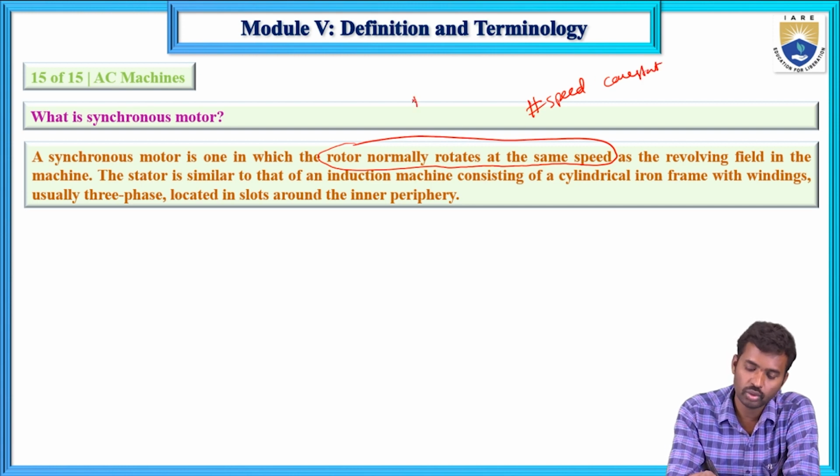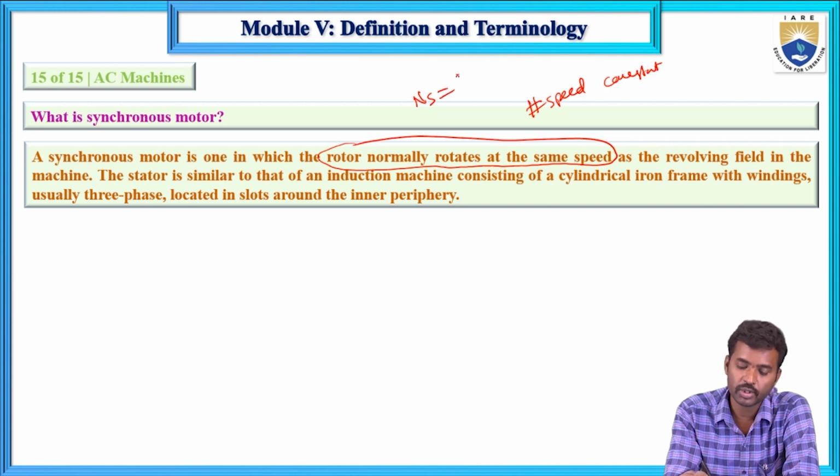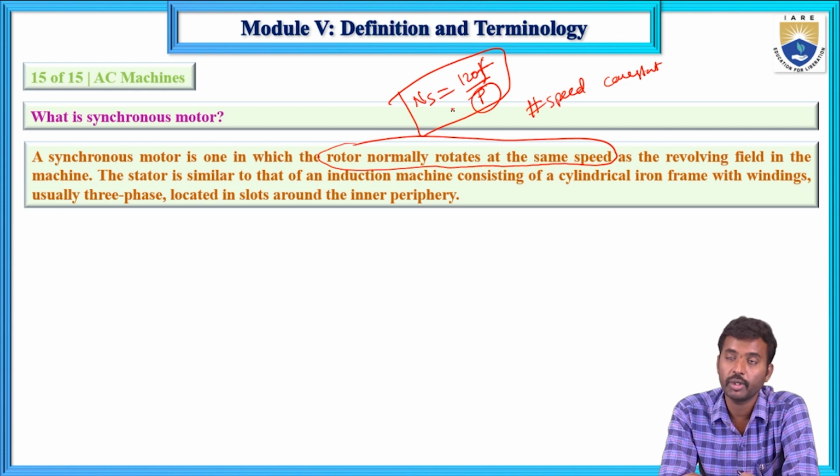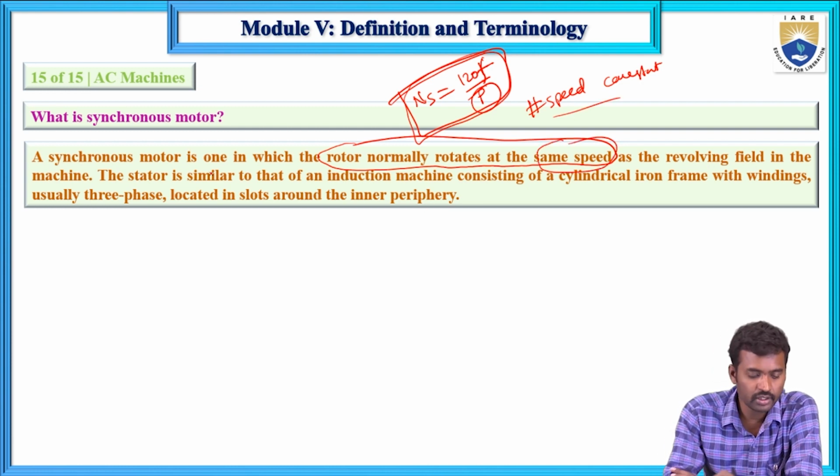That speed is known as the synchronous speed, Ns equals 120F by P, where F is the frequency and P is the number of poles. Depending on the number of poles and frequency, we can calculate the synchronous speed.